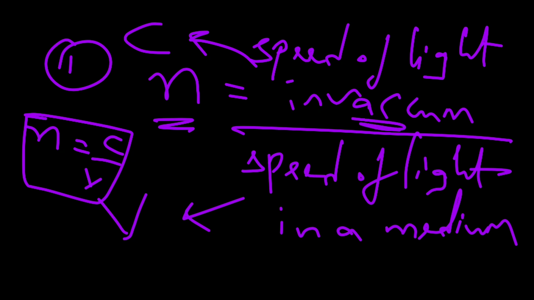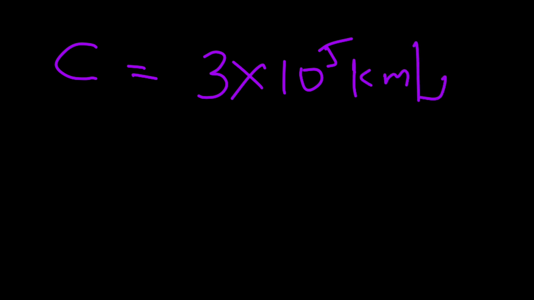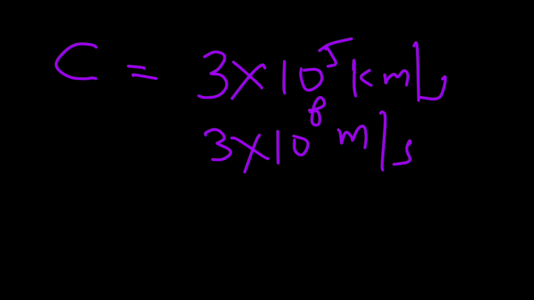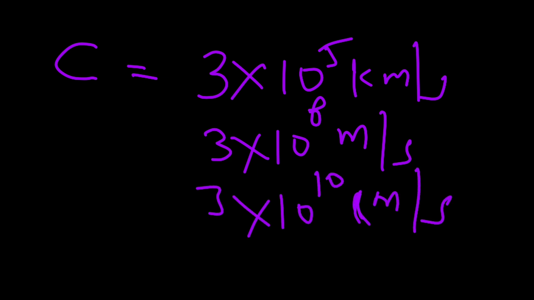Here the speed of light in vacuum is always a fixed value, so we'll consider c as a constant. What is the value of c? The speed of light in vacuum is 3 into 10 power 5 kilometers per second, or 3 into 10 power 8 meters per second, or 3 into 10 power 10 centimeters per second. It just depends on how they ask.